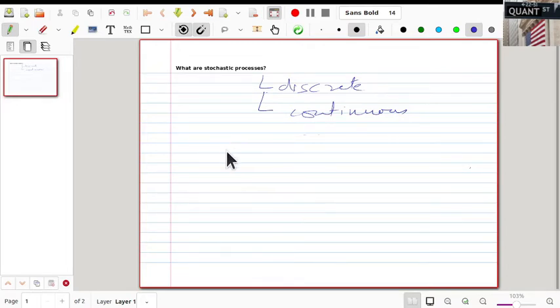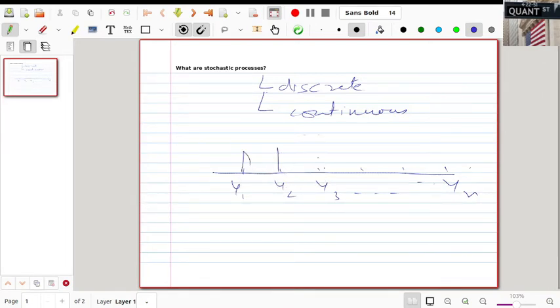In the case of discrete processes, the observations are equidistant. So let's say this is y1, y2, y3 and so on up to yn, and we have some observations here at each of these specified intervals.